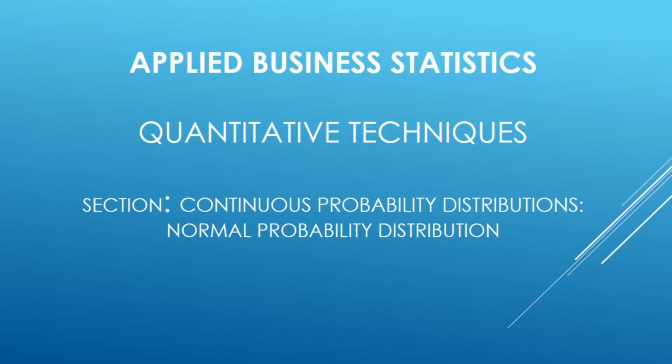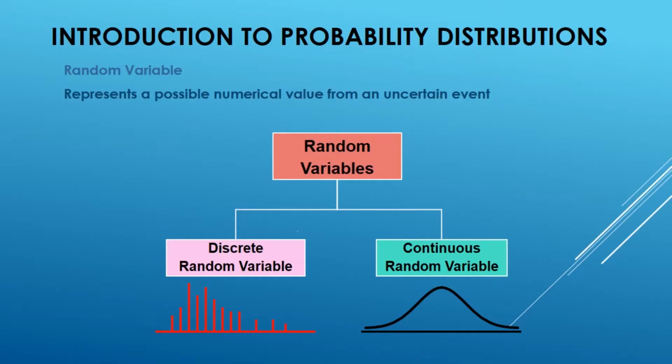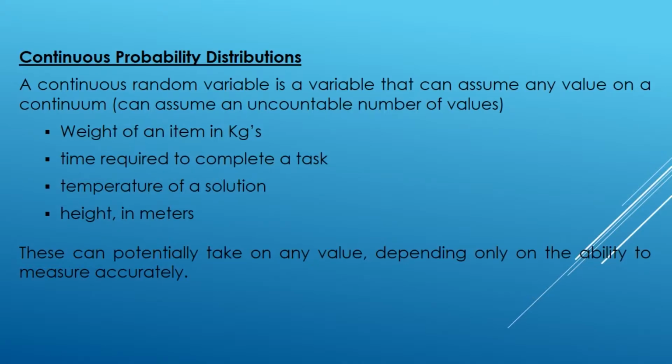In the previous videos, we looked at probability distributions and we said the random variable is essentially a possible numerical value of an uncertain event. We have looked at the discrete random variable, which was for your binomial and your Poisson probability distributions, and then we moved into the continuous.